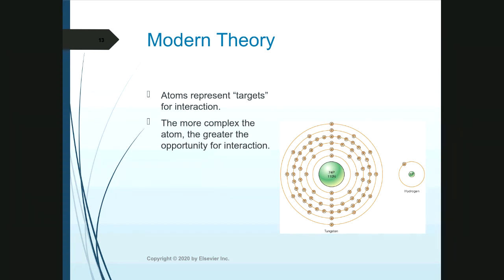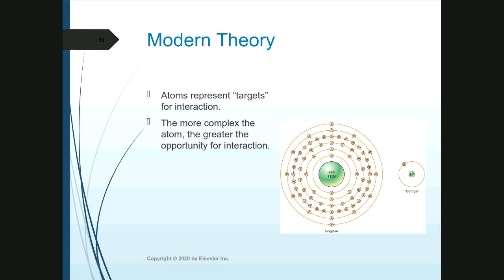When they look at an atom, it almost looks like a target for interaction. Okay, if you think of the nucleus more like a bullseye, and the electron shell levels are your actual rings. So if you were doing archery or shooting of some sort, that literally looks like a bullseye with all the different rings, and typically the scores are different depending on where you hit.